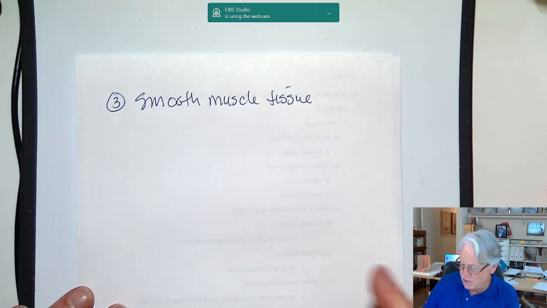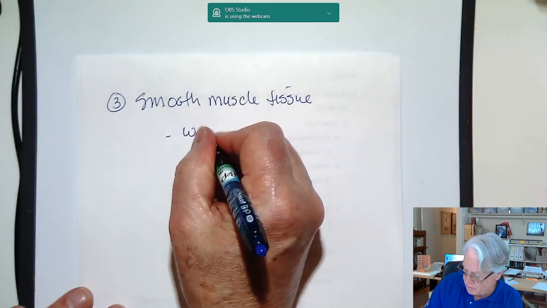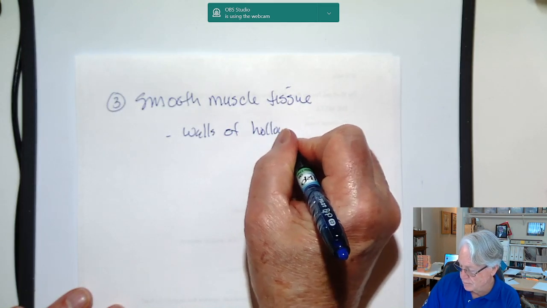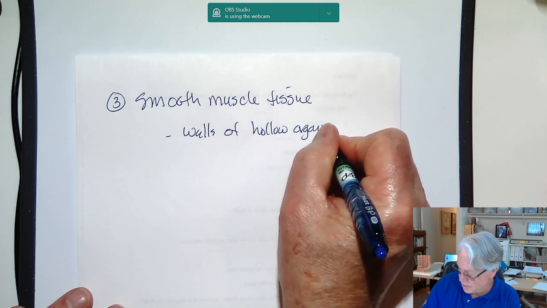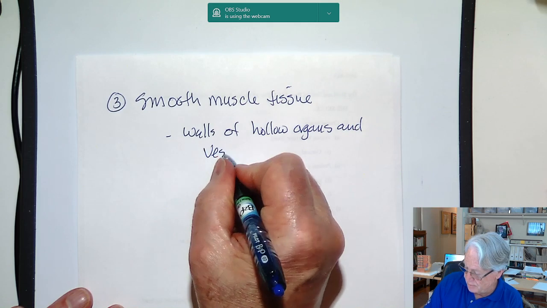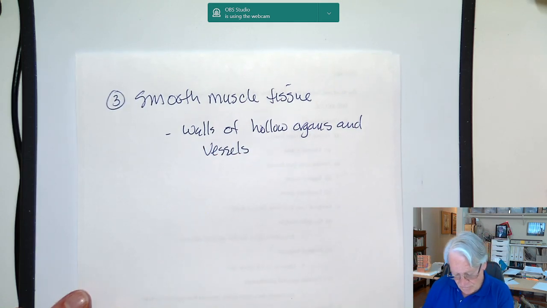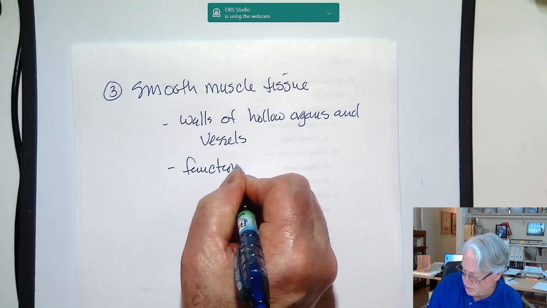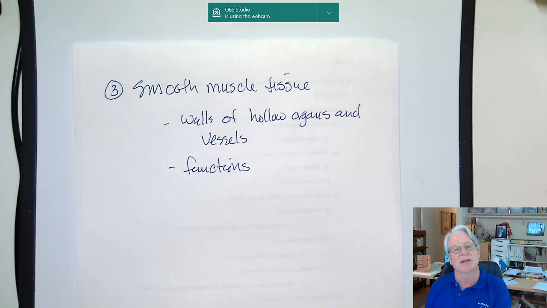So smooth muscle tissue is found in the walls of hollow organs and vessels. Okay. Its function, I am assuming you know what the function of the heart muscle is, right? To push blood through the circulatory system.